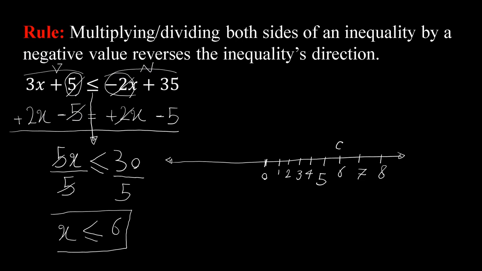Because we have equal, we must fill this circle. If we do not have equal, we should not fill this circle. And less than 6 is here, for example 5, 4, minus 10. So we are going to draw this, and this is going to be our answer. We learned how to graph that.